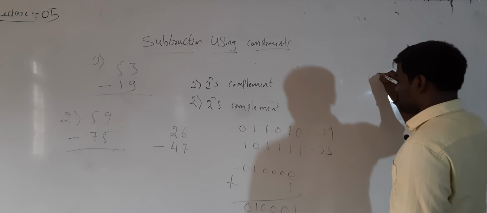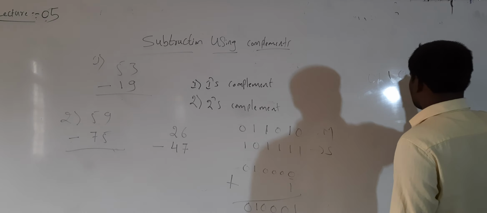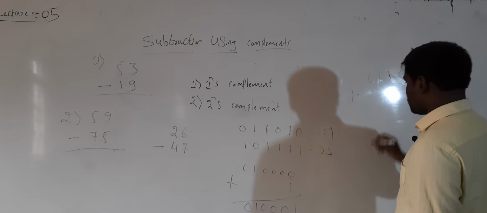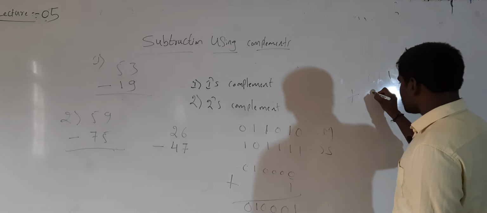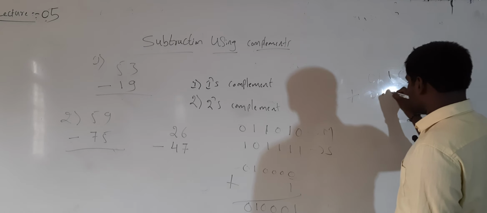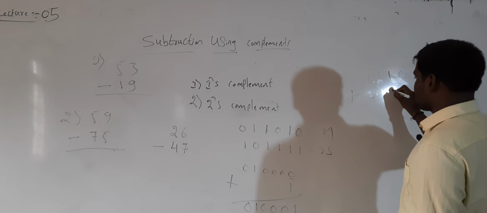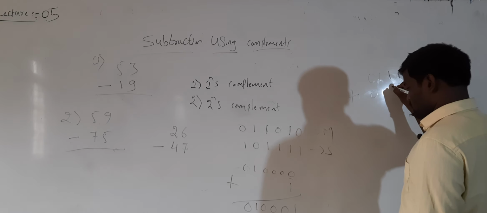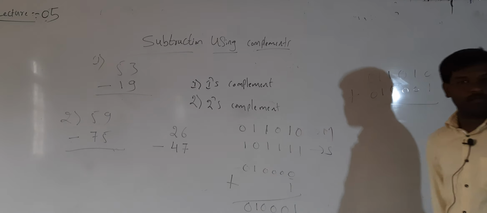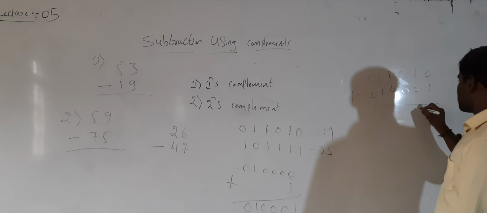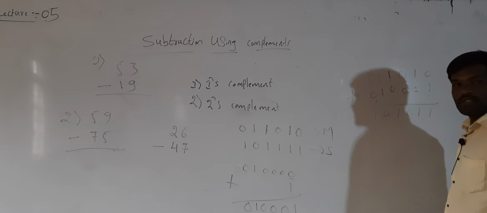So here 0, 1, 1, 0, 1 plus the converted value, 0, 1, 0, 0, 0, 1, 0, 1, 1, 1, 0, 1, 0, 1, 1, 1, 0, carry 1. Here it is 1.